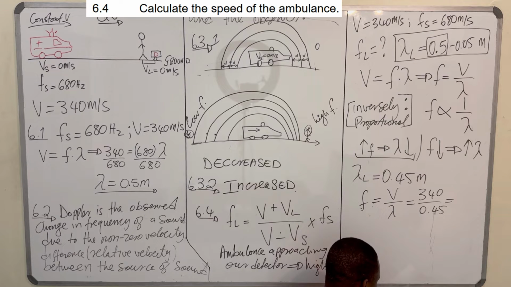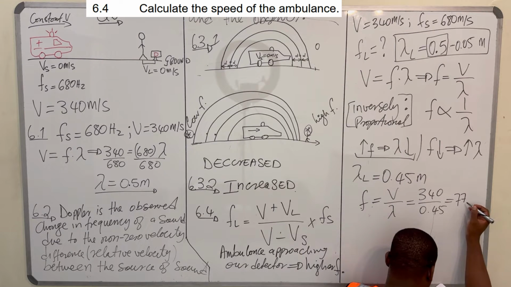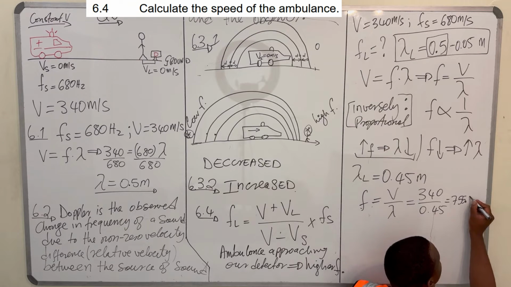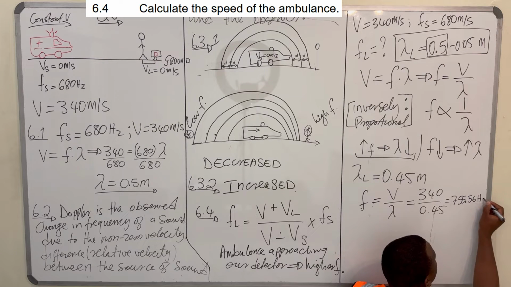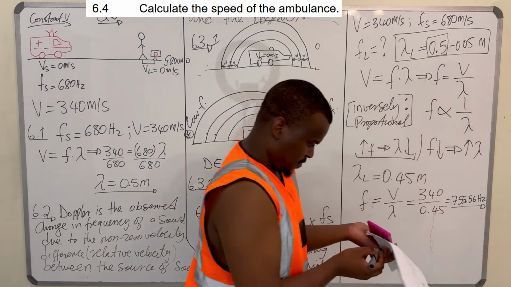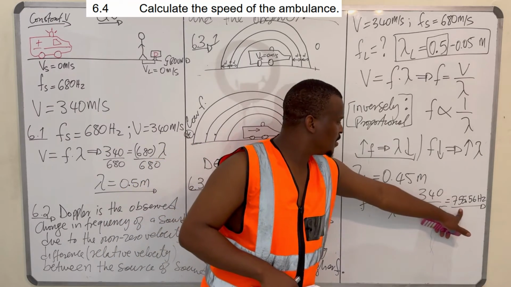So 340 divided by 0.45 comes out as 755.56 hertz. So this is the frequency of the observed sound.